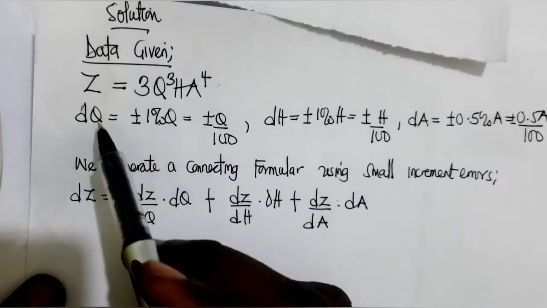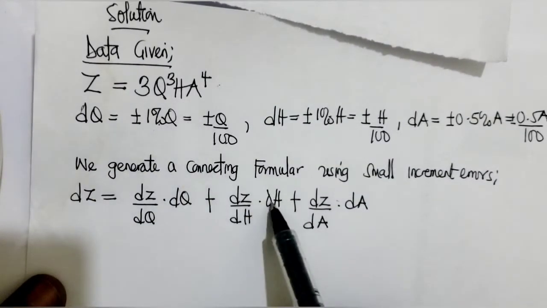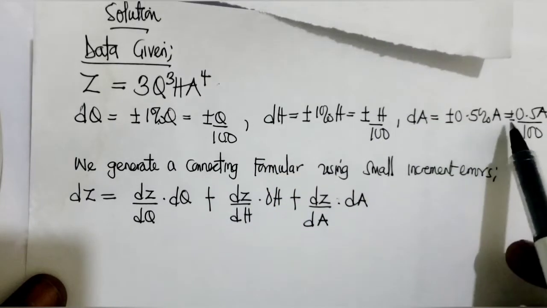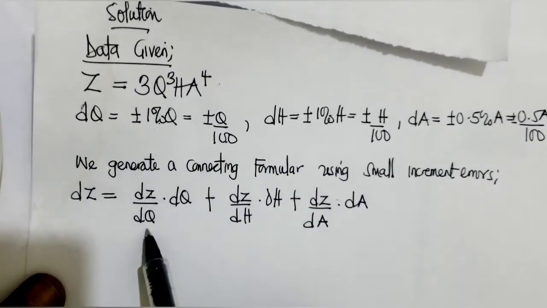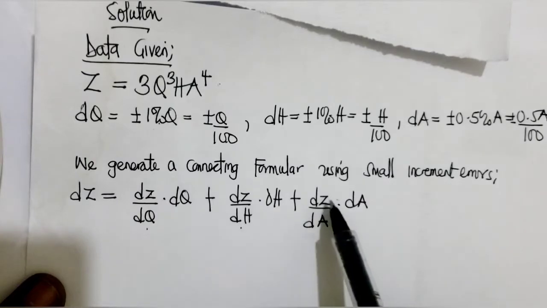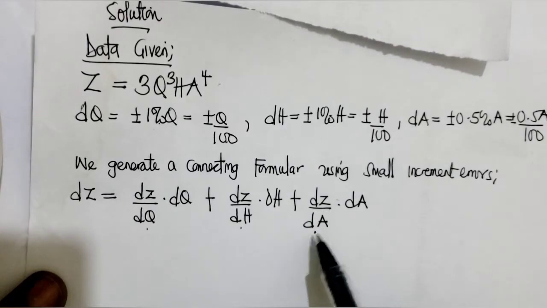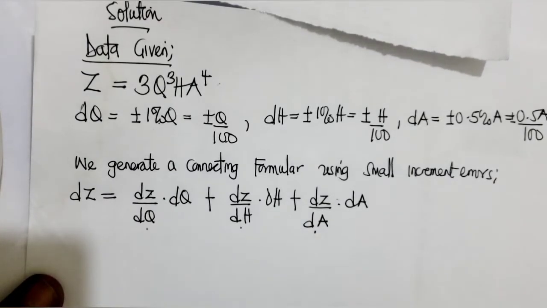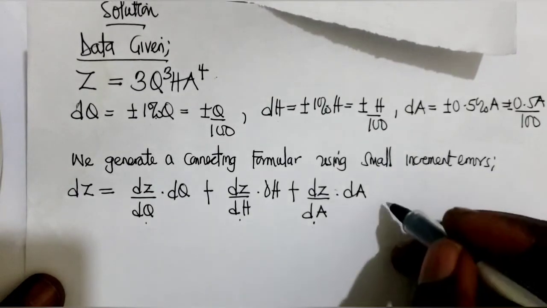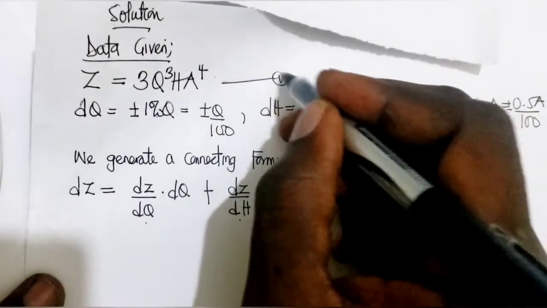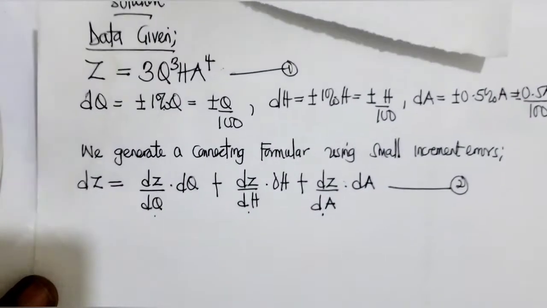You can see now that we have dQ, dH, and dA, but we do not have dZ/dQ, dZ/dH, and dZ/dA, and we can get those using the knowledge of what? Partial differentiation. So let me call this 1, and let me call this 2.